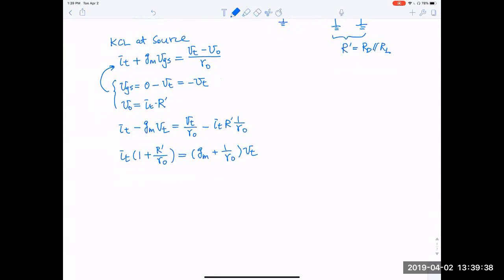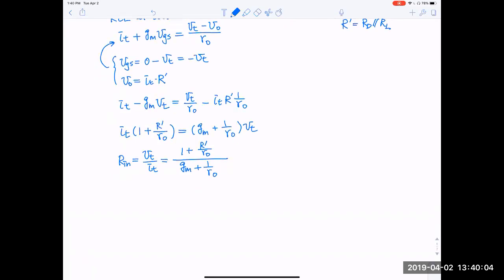So we are now ready to express Rin. Rin is equal to VT divided by IT, which is equal to 1 plus R prime over R0 in the numerator, and GM plus 1 over R0 in the denominator.